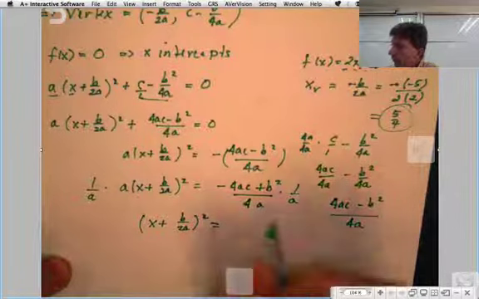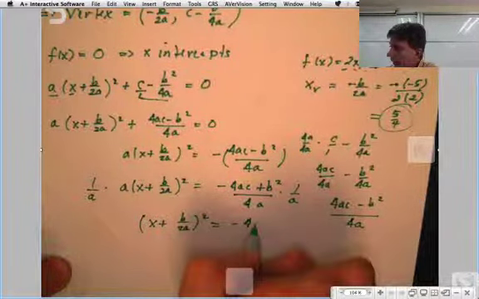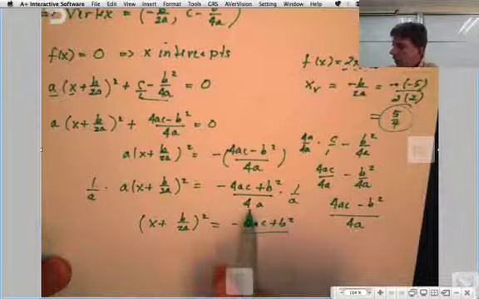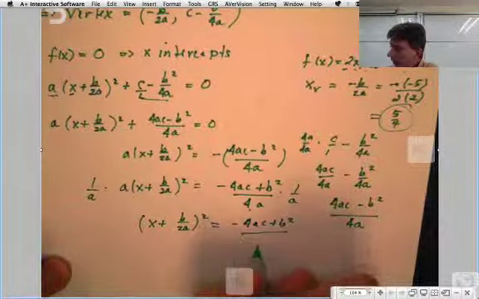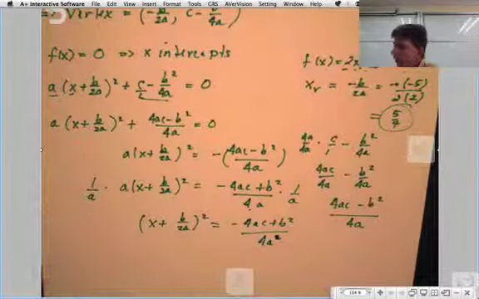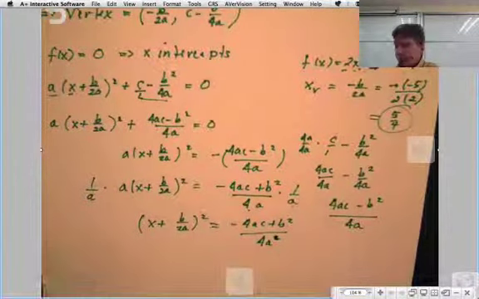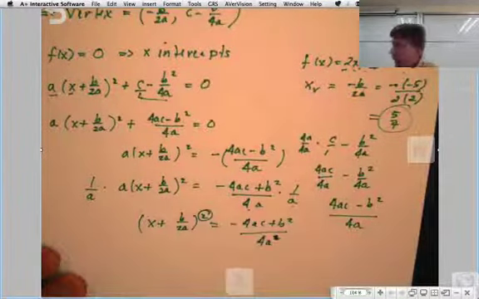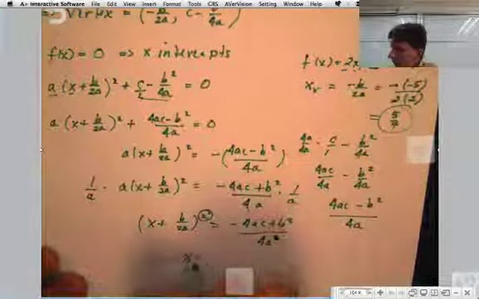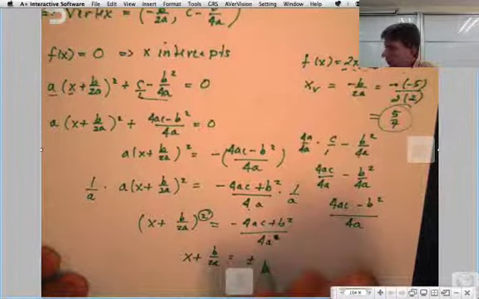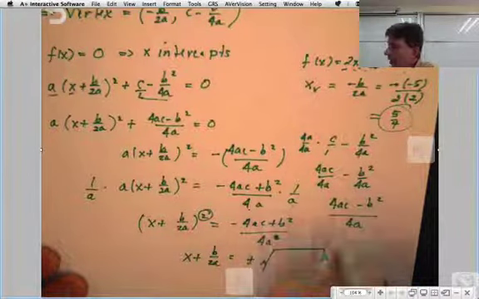Multiplying the numerator by 1 gives me simply negative 4ac plus b squared, and multiplying the denominator of 4a by the denominator of a gives me 4a squared. Okay. The next step would be to take plus or minus the square root, because I'm trying to get rid of that square, and we remember how to do that. Plus or minus the square root of this entire fraction.